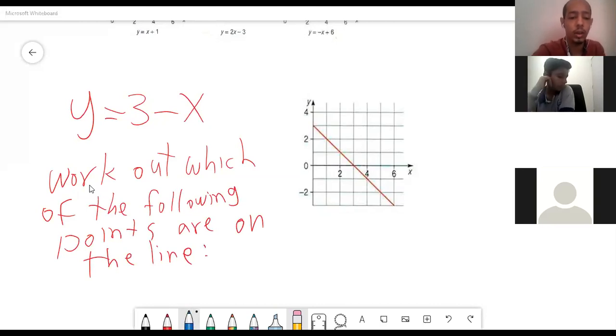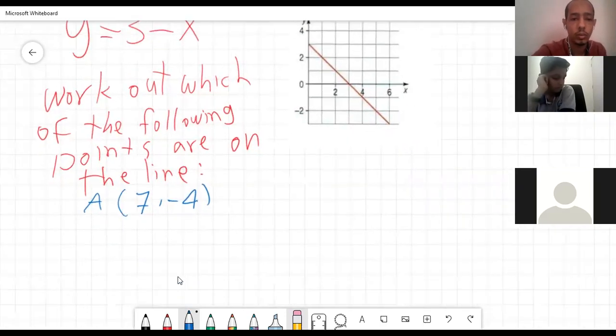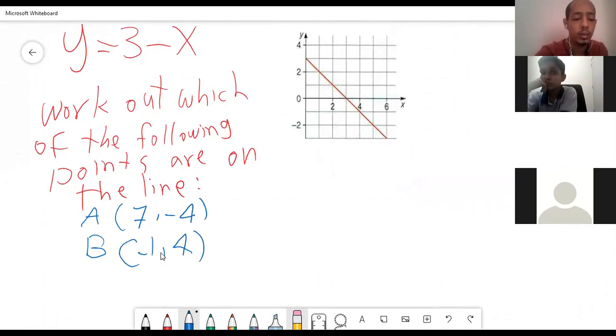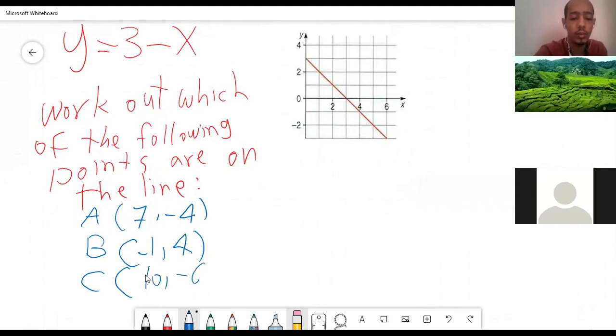The first point, A, is 7, minus 4. The second point is B, minus 1 and 4. The third point is C, 10 and minus 6.